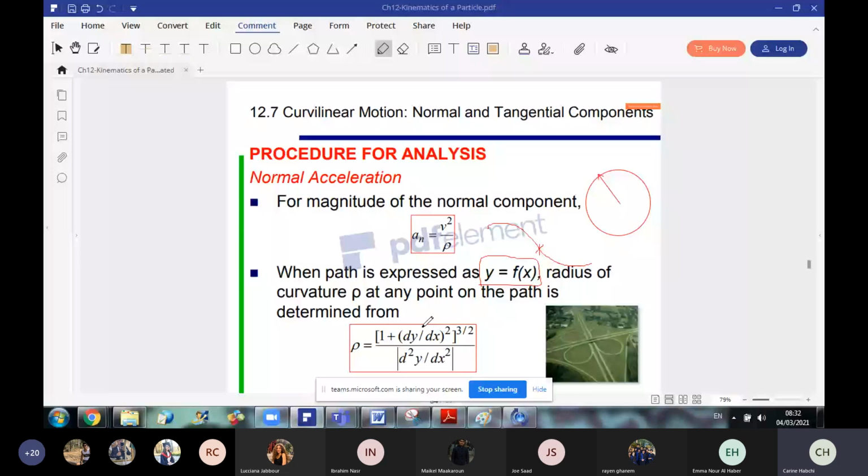So now we will take an example. If I give you y as a function of x, you can calculate for any x the radius of curvature using the following relation, which is 1 plus dy by dx squared, the whole term to the power 3 over 2, over the absolute value of the second derivative.